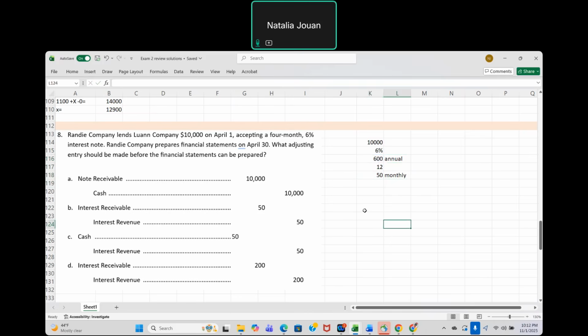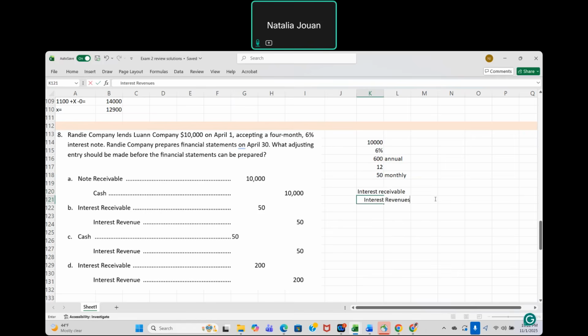So what do we want? We want to tell investors that someone owes us $50 in interest. We earned $50 in interest revenue. Eventually we're going to receive that. So now we have a right to receive money, which is an interest receivable. Okay, interest receivable, and interest revenue. What do we do with revenues? We always credit revenues.